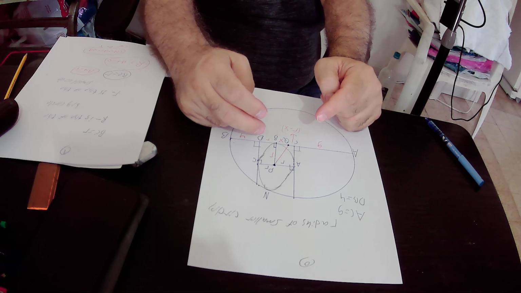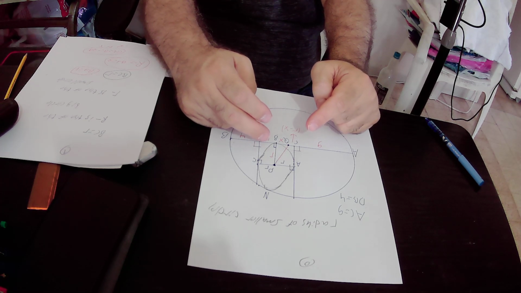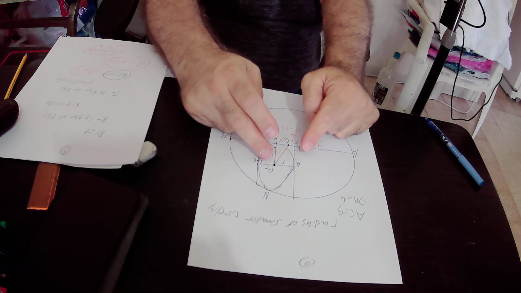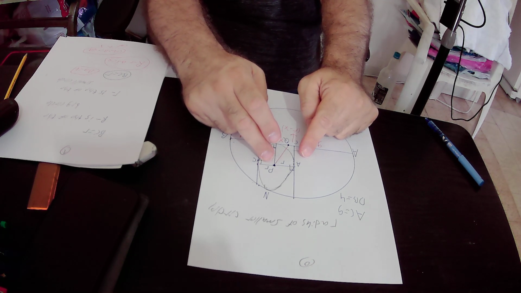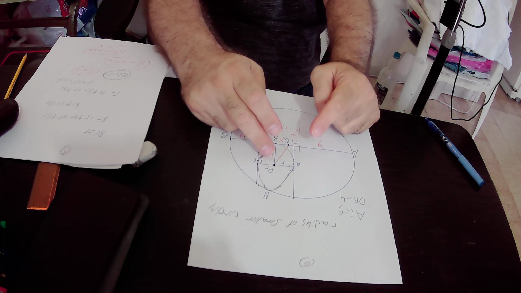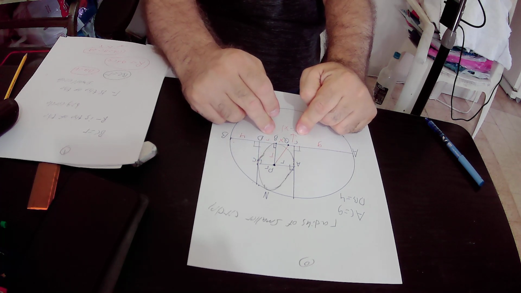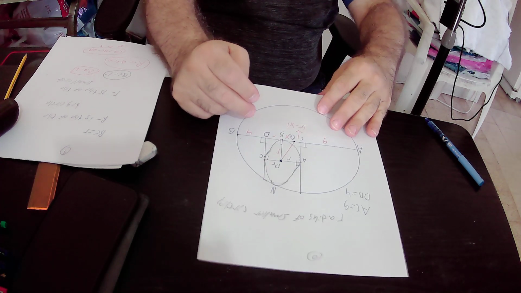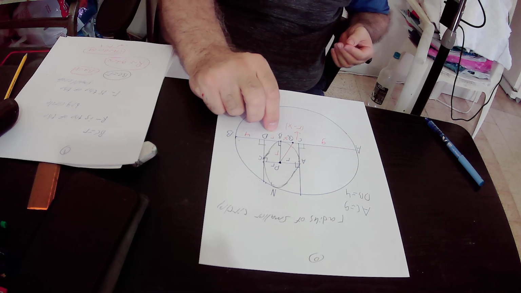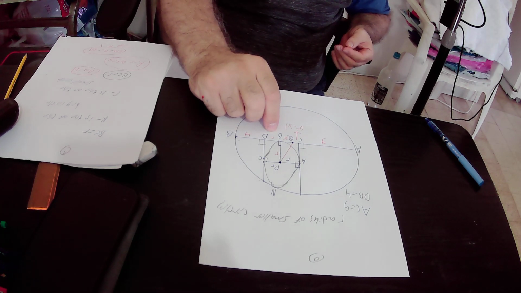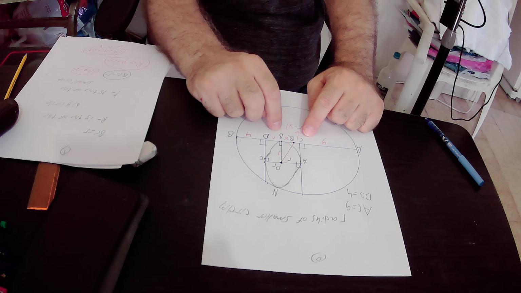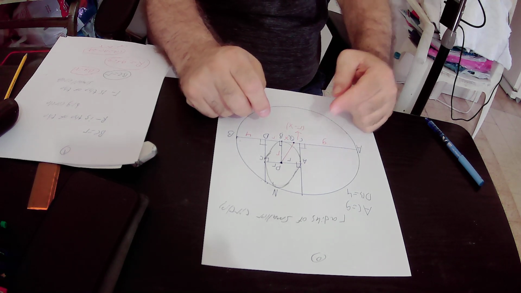And therefore, AP, that is the radius of the small circle, equals BC. So BC is also the radius of the small circle. Okay, so we know that BD is the radius of the small circle, and also BC is the radius of the small circle.